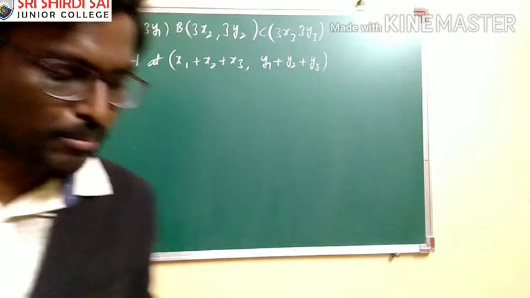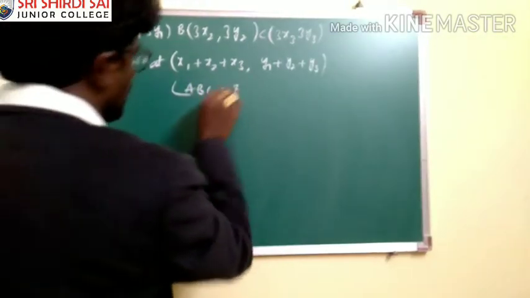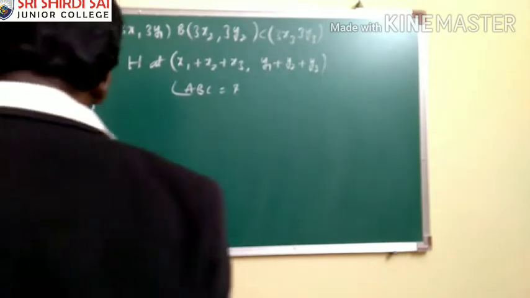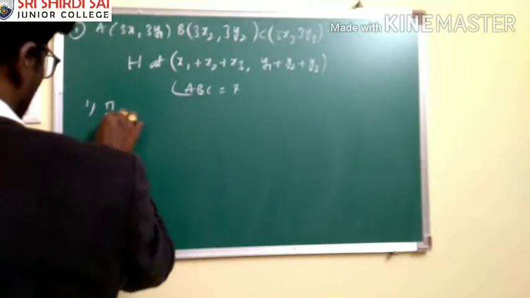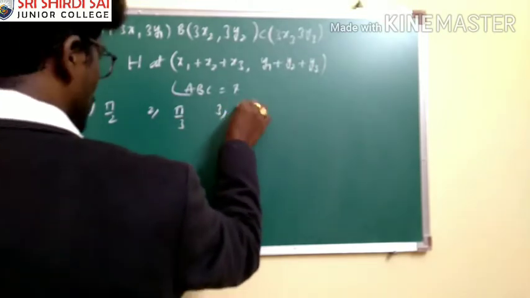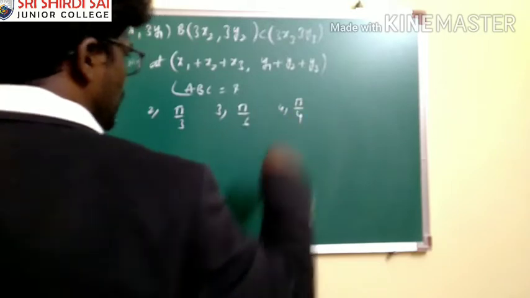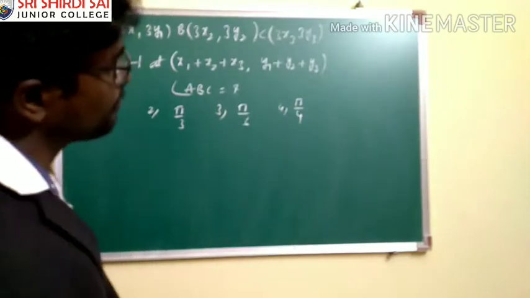Then what is angle ABC? Here we have options. Option 1 pi by 2, option 2 pi by 3, option 3 pi by 6, option 4 pi by 4.